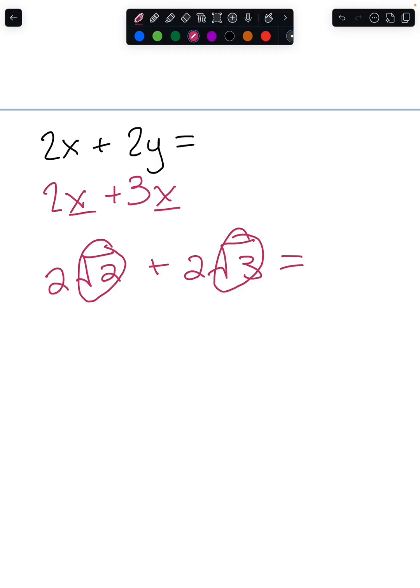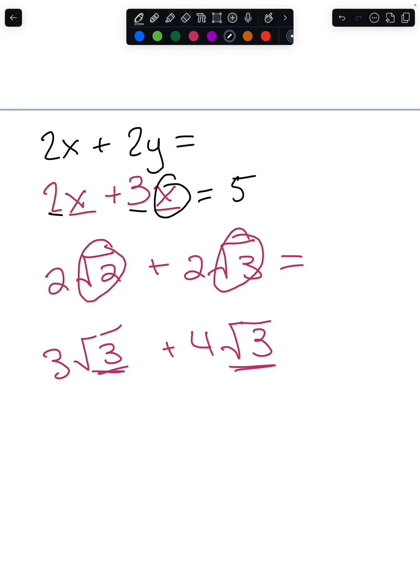But I can do this because these are the same. Okay, and up here, just like you would do 2 plus 3, you would say 5, and then whatever's behind, you will put there. Same thing happens here. 3 plus 4 is 7, and whatever's behind goes still back there.